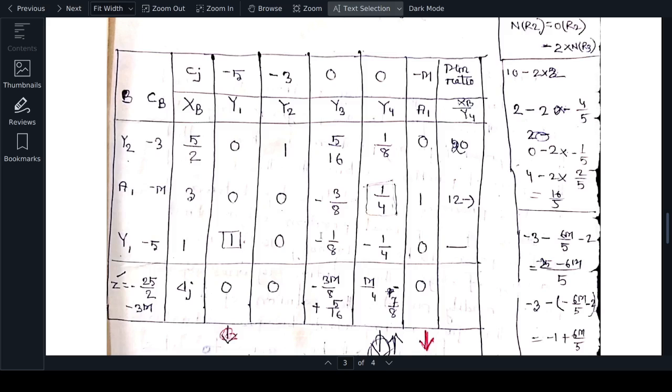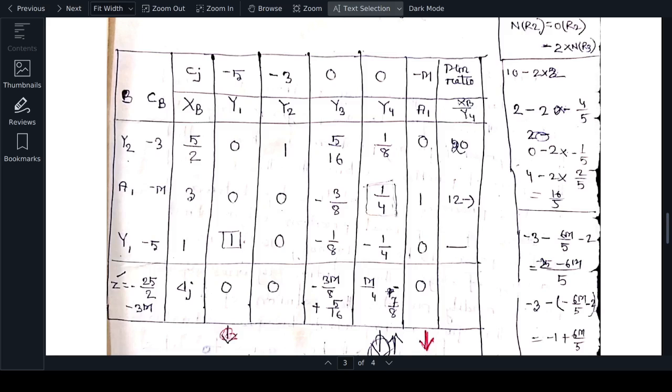You consider M a very large value, similarly 10 crore in the Y3 column and 10 crore in the capital M of the Y4 column. The M value will be the same, but it is very large, it is a penalty. Clear?